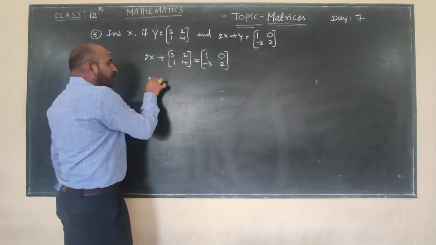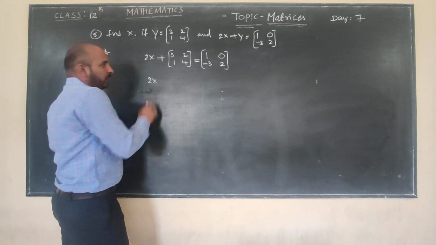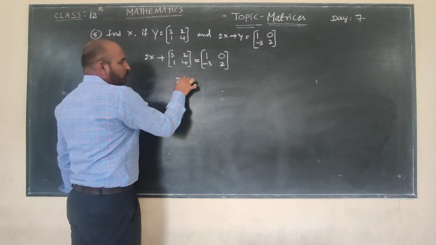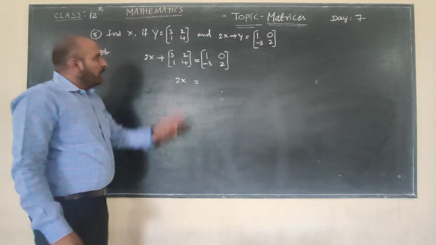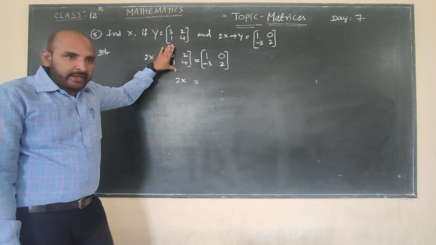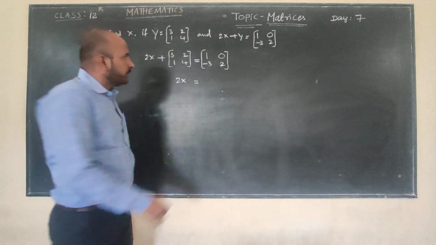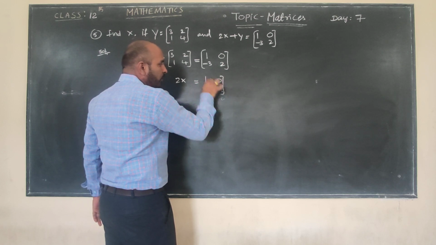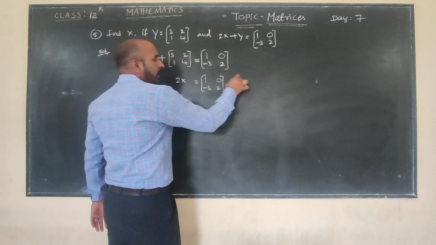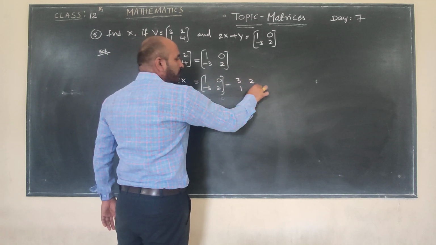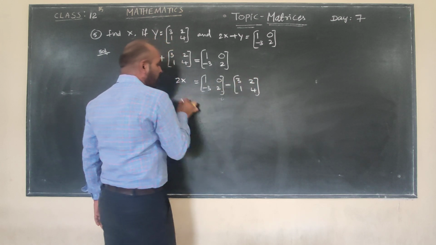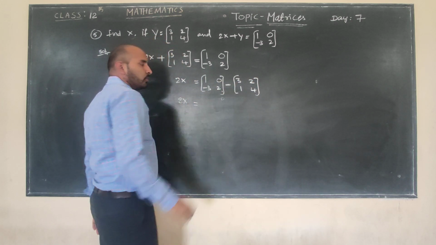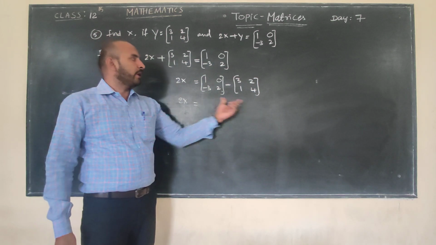So I want 2X only. 2X equals the right hand side matrix 1 0 minus 3 2, and the left hand side matrix is taken to the right hand side with a minus, minus 3 2 1 4. So 2X is equal to the difference of two matrices.